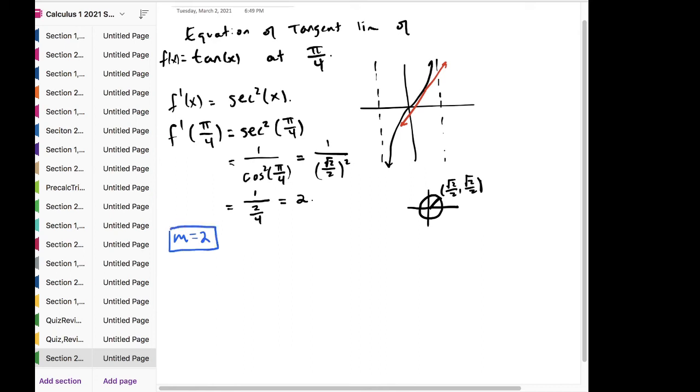Okay, what else do we need for the equation of a tangent line? Yeah, we need the y-intercept, but what's an easier approach to the y-intercept? We can't just find the y-intercept with all the information we have. We need a different piece of information.